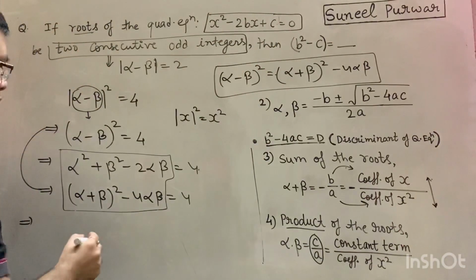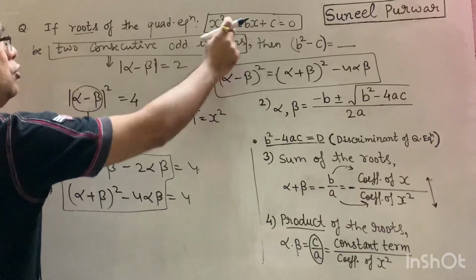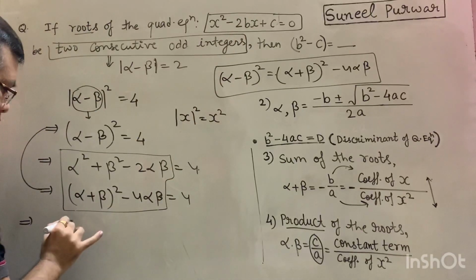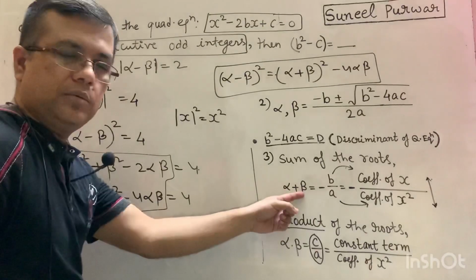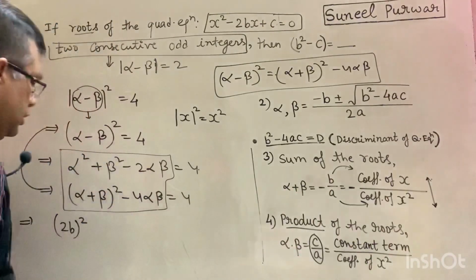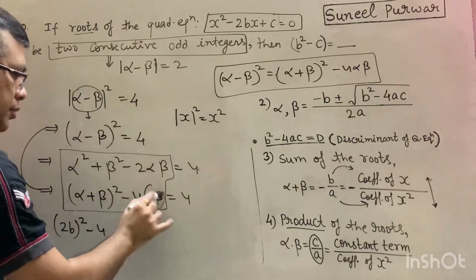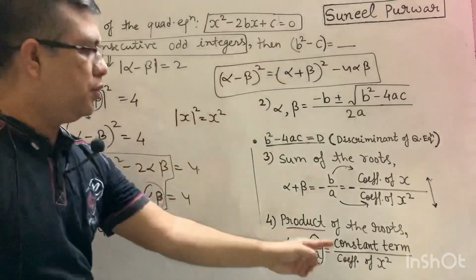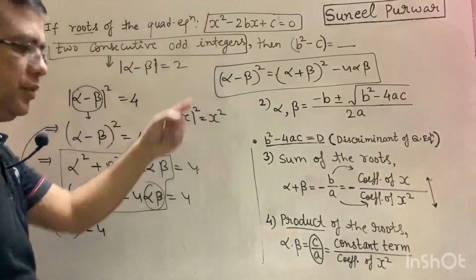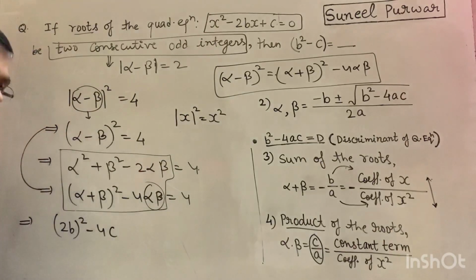What is the sum of the roots? Sum of the roots is 2b, square of it. Use these formulas for sum of the roots and product of the roots, minus 4 times alpha beta, the product of the roots, constant term c upon leading coefficient 1, c by 1, that is c only, is equal to 4.